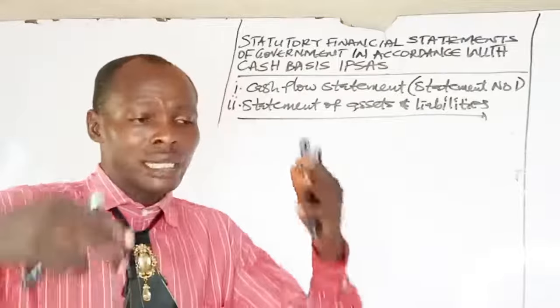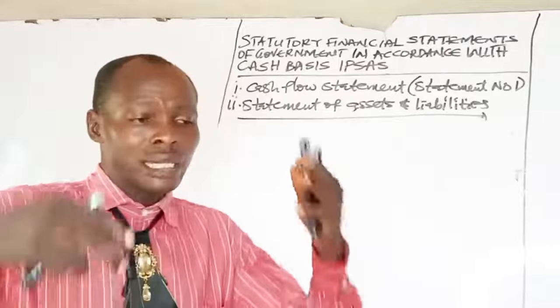We also have cash held by ministries/agencies, 2024 and 2023. Then by the time you sum up all this, you have the total liquid assets. Let me have that as A.